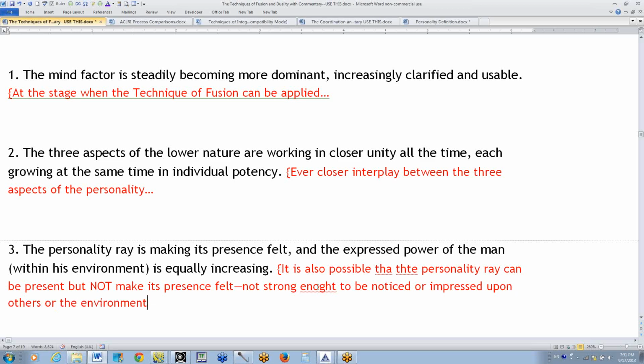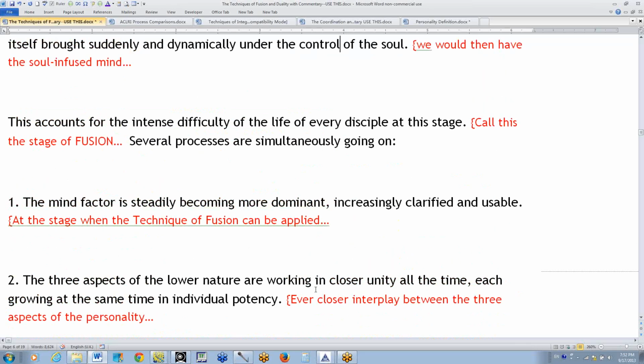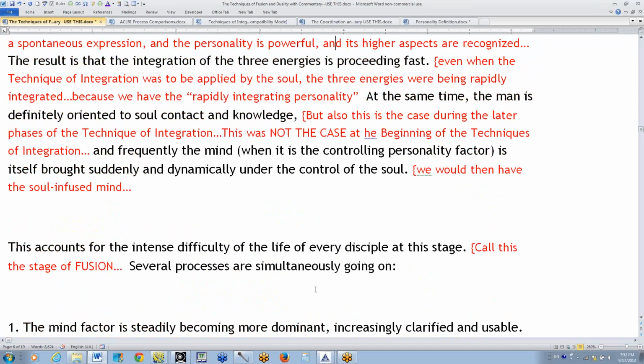Right, that's also possible. So what's happening here? This is causing difficulty at the stage of fusion.